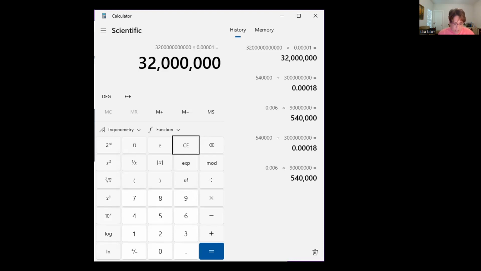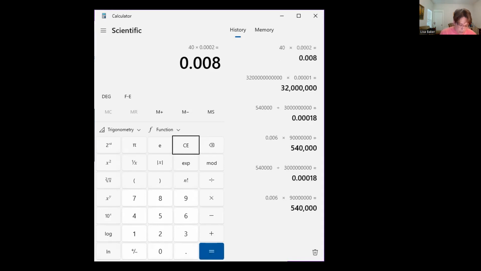Okay. And then our denominator is going to be 40 times 0.0002, 40 times 0.3 zeros and a 2. Okay, so that's divided by 0.008.